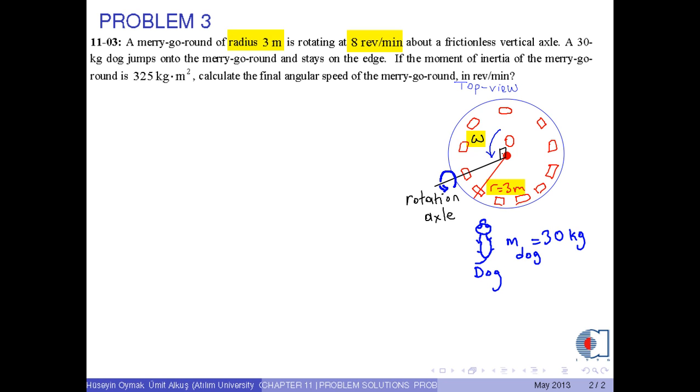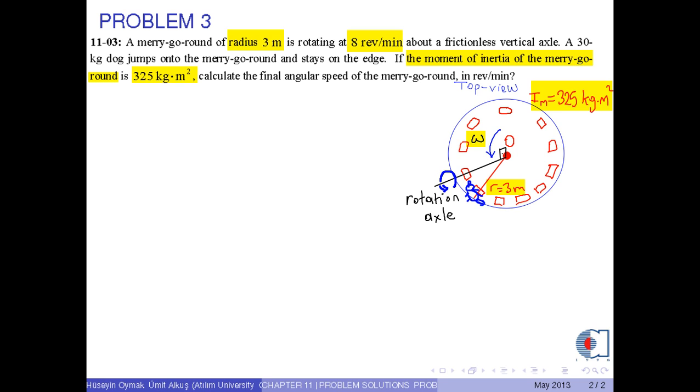A 30 kg duck jumps onto the merry-go-round and stays on the edge. If the moment of inertia of the merry-go-round is 325 kg times meter squared, calculate the final angular speed of the merry-go-round in revolutions per minute.